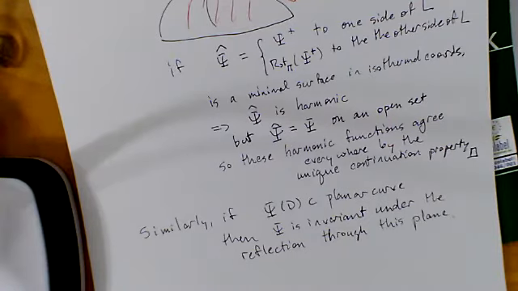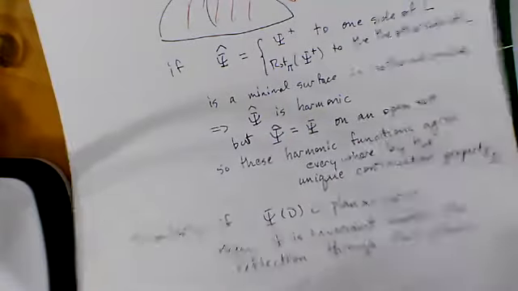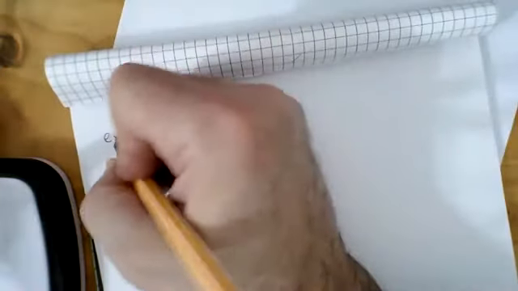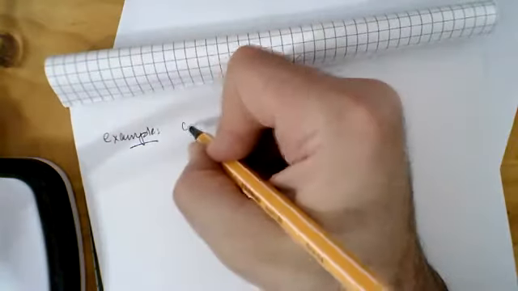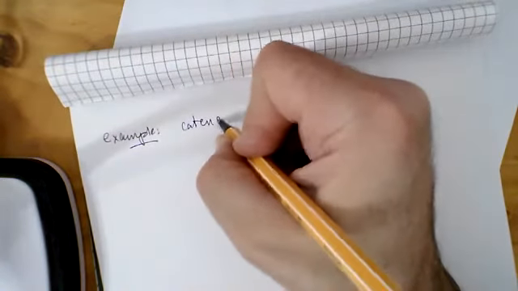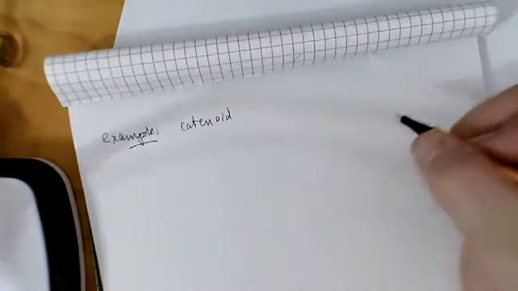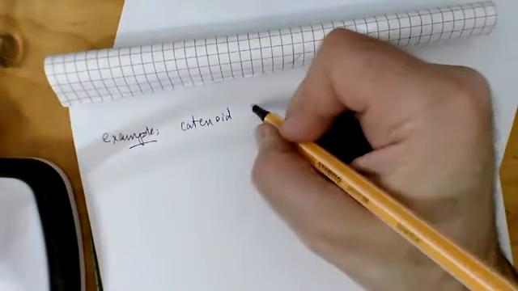Okay. So let's examine this through the example of the catenoid and the helicoid. Two surfaces we know. So we know that the catenoid is a surface of revolution.